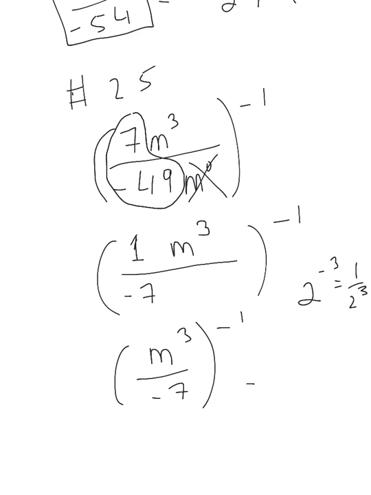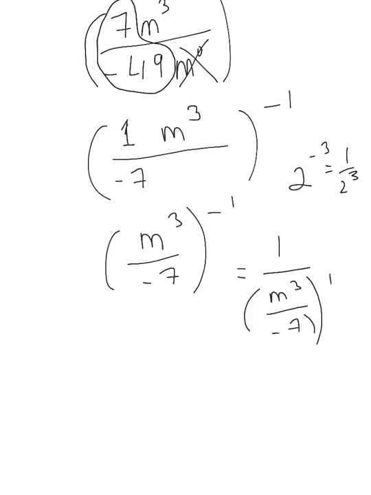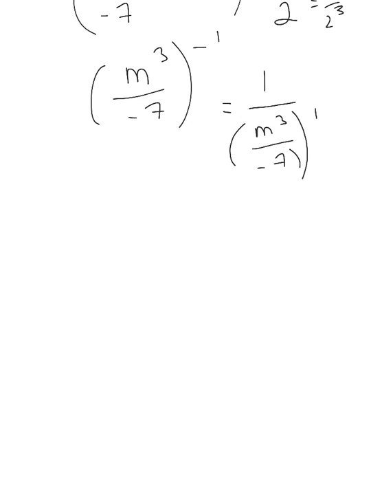So this would be 1 over m cubed over negative 7 to the first power. And anything to the first power is basically itself, so you get 1 over m cubed over negative 7.